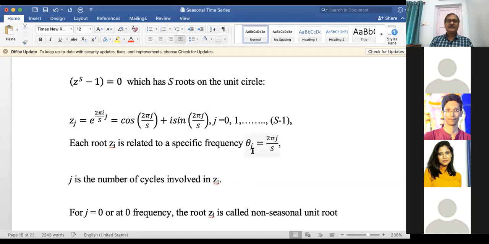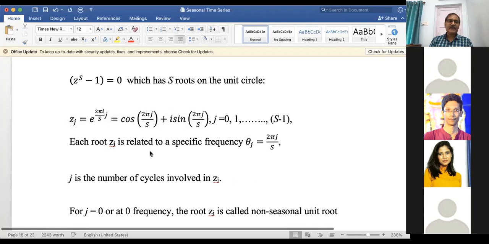If you set the value of j equal to 0, 1, 2, 3, etc. in this expression, you will get the value of theta. According to the value of theta, you will get the value of cos theta plus i sin theta, and you can determine ultimately the value of z. In this way, we can calculate the characteristic roots by using the trigonometric function.